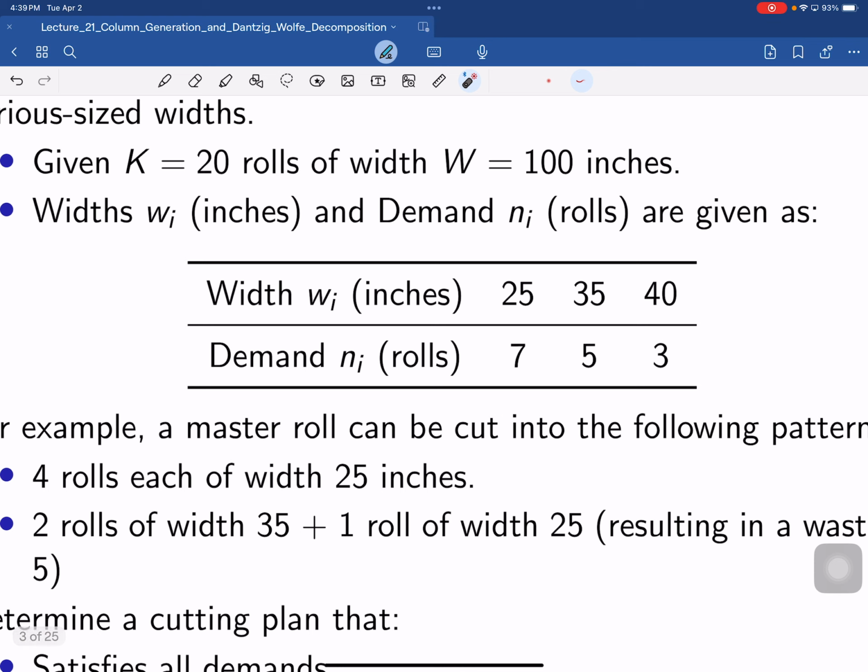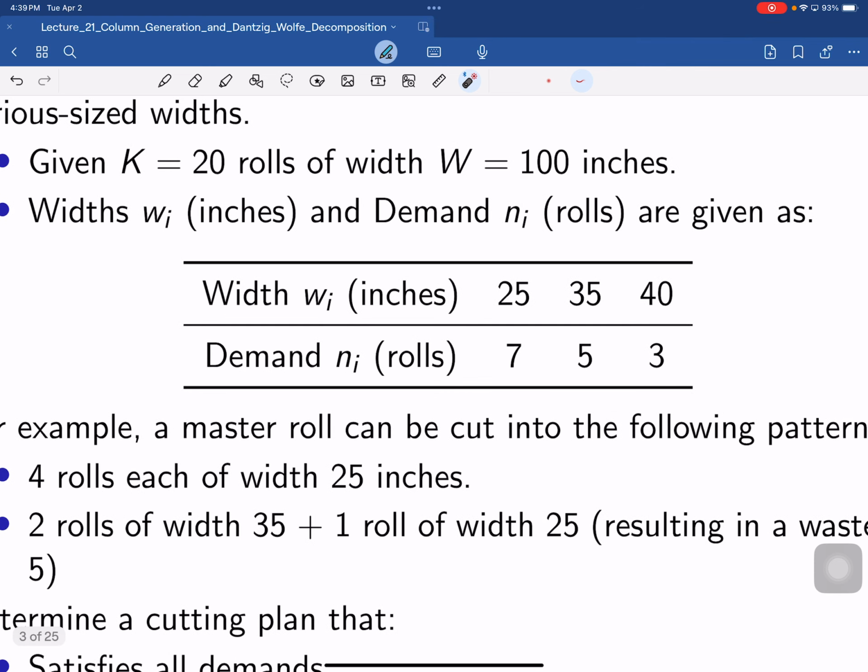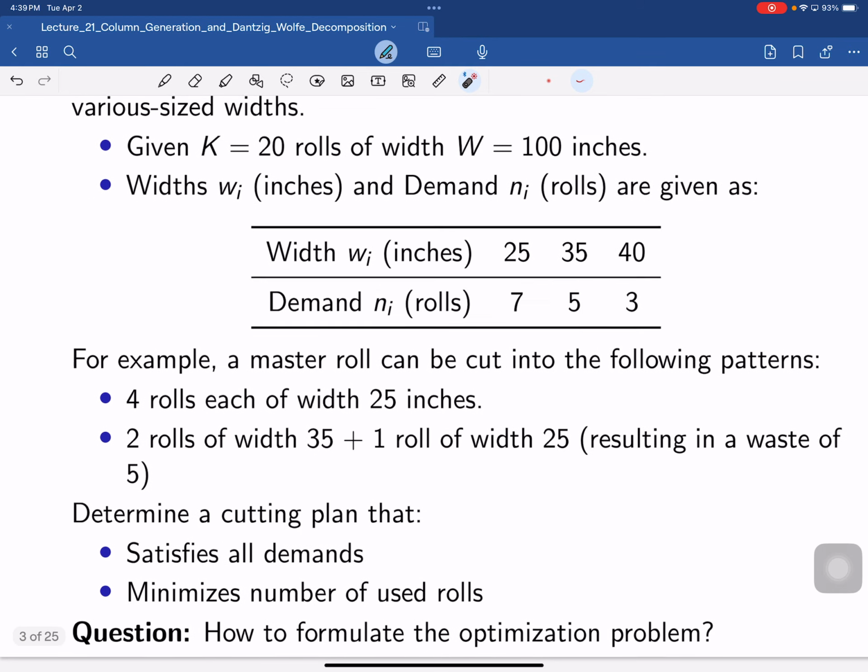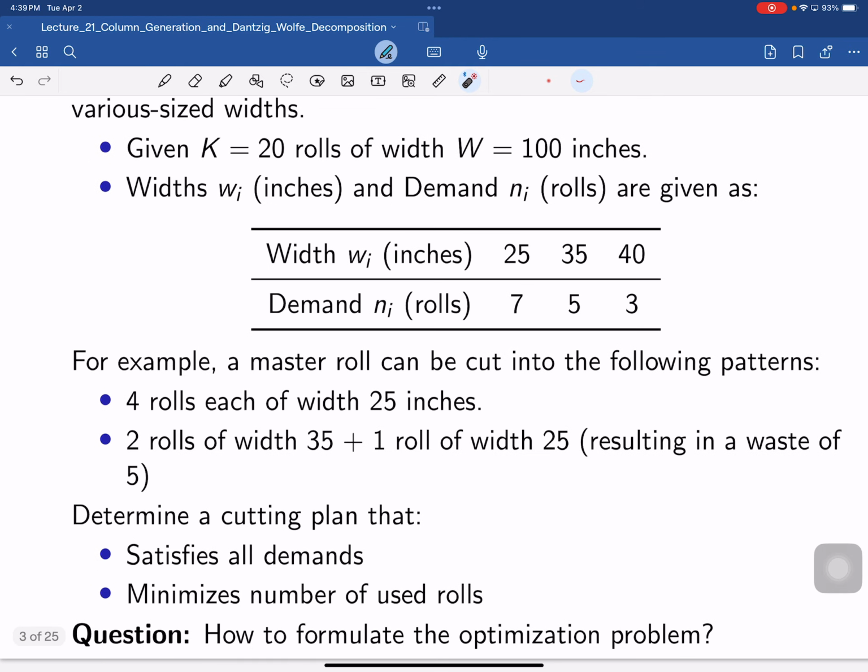So the trim loss here is 5 inches. And as you can imagine, if you have different widths, there are different combinations of cutting this paper roll, right? And the idea is that we want to get a cutting plan that satisfies all the demands and minimizes the number of used rolls.